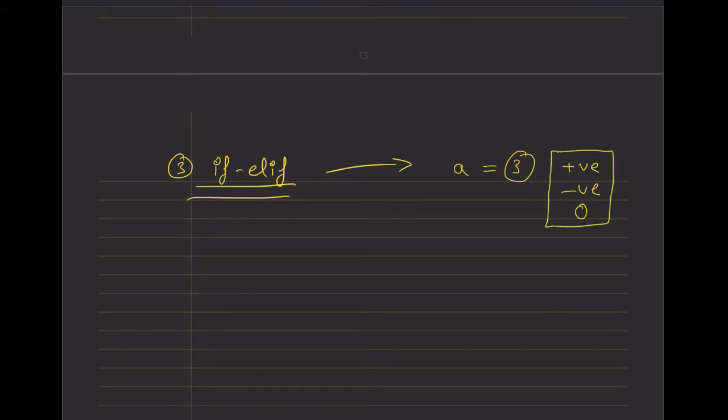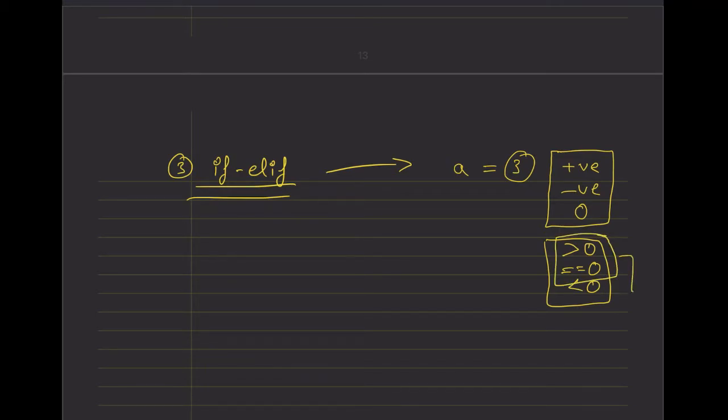Okay, I need to take a decision for that. On which condition does it depend? Let's consider those conditions. The first condition is that it is greater than 0. The next condition is it is maybe equal to 0, or it can be, of course, less than 0. There can be 3 conditions, or at least I can say 2 conditions.